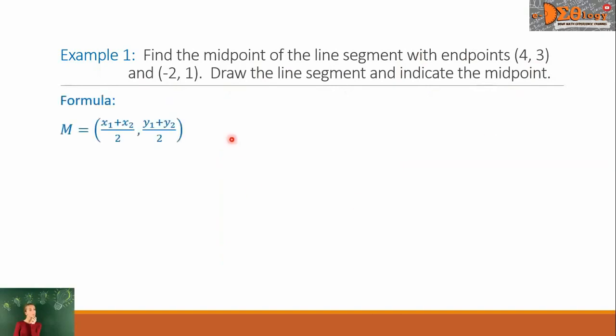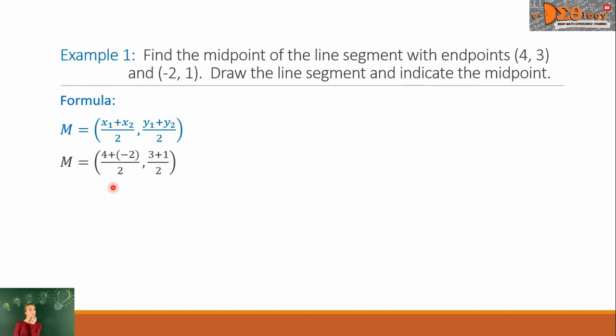First, let us write our formula and then let us do the substitution. For the x coordinate, we have 4 plus -2 all over 2. And for the y coordinate, we have 3 plus 1 all over 2.